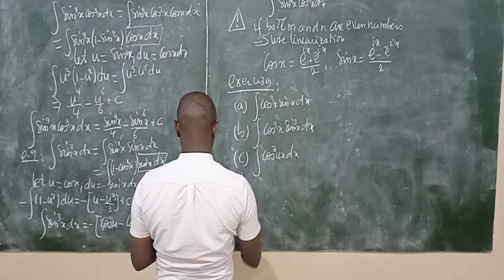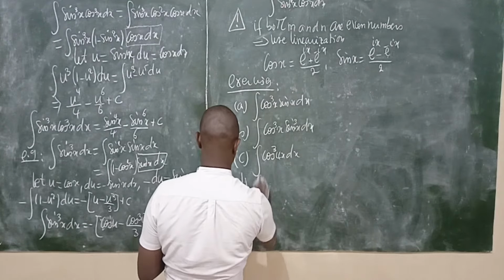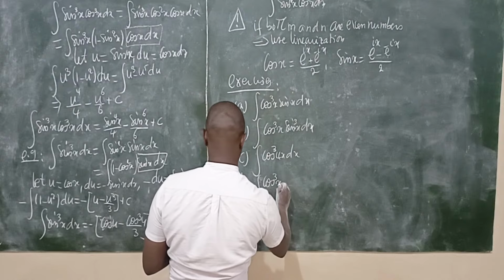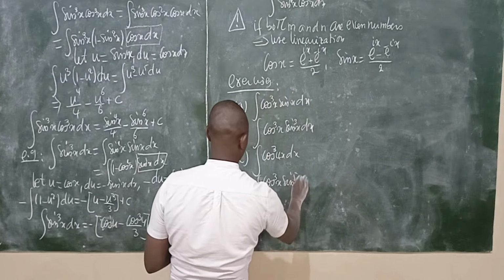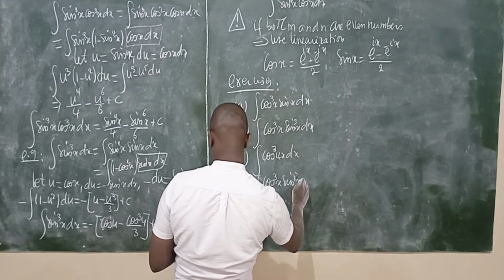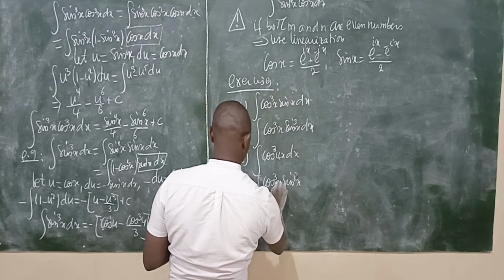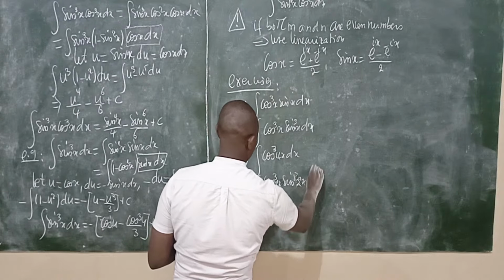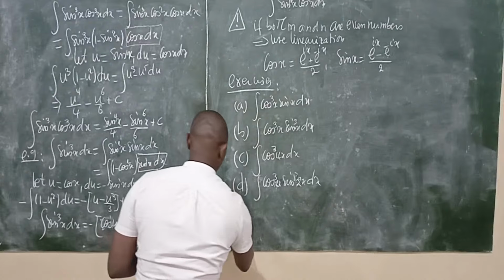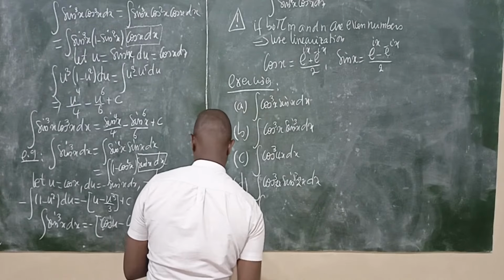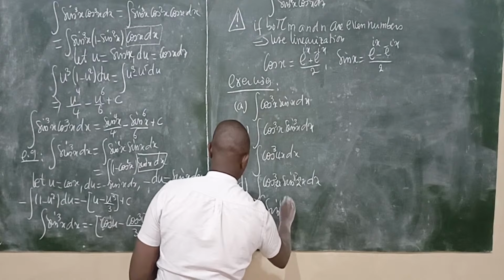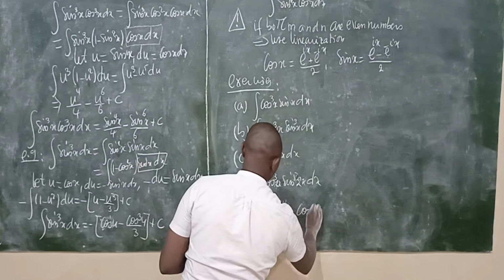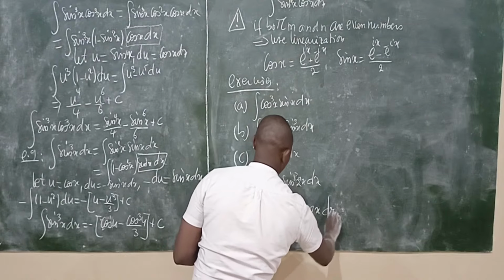D, we have the integral of cosine^3 x sine^5 x. Because here is 2x, not 1x, 2x, and here 2x dx. The last one is E, the integral of sine^4 of 2x cosine of 2x dx.